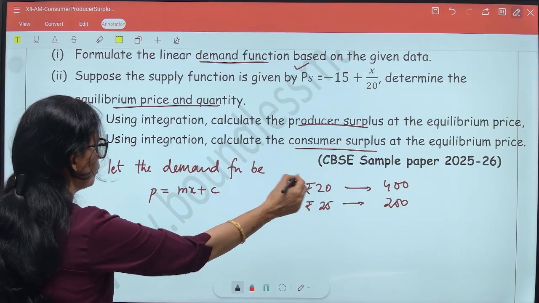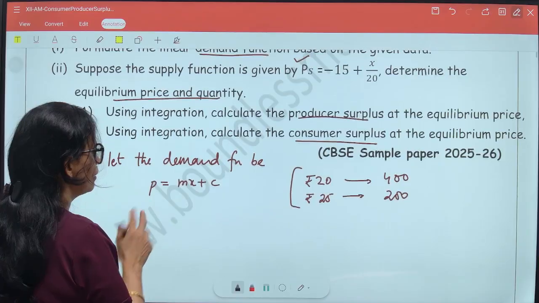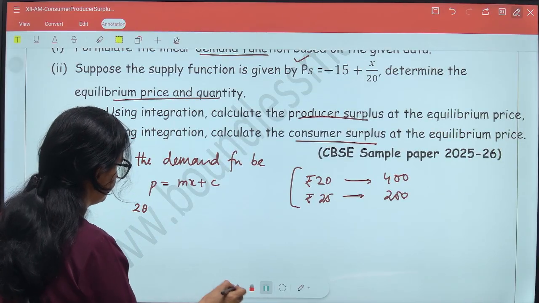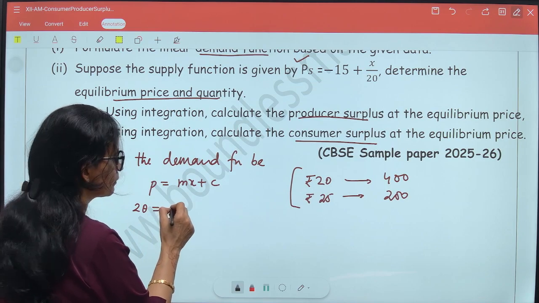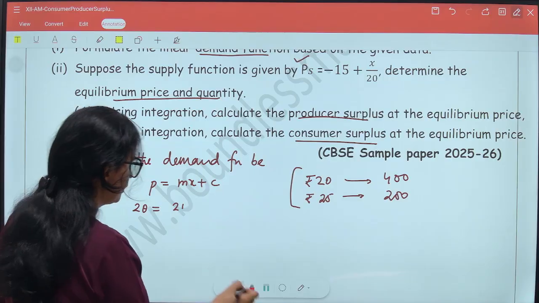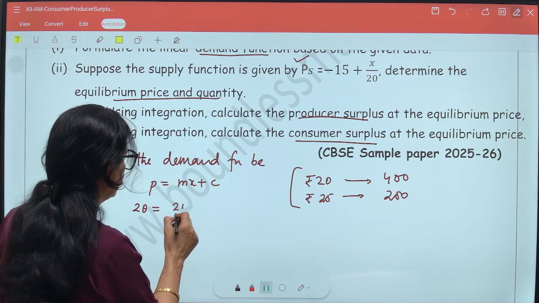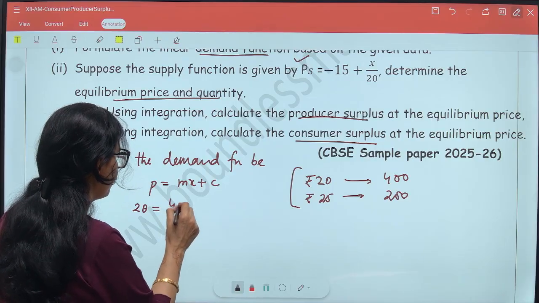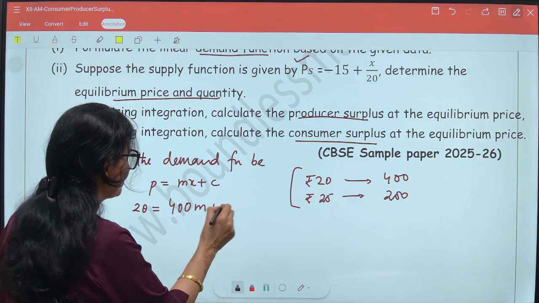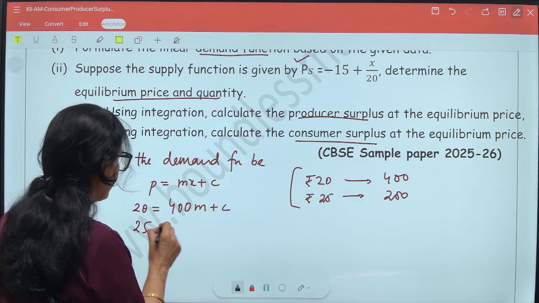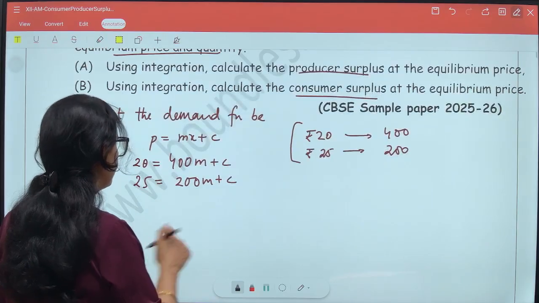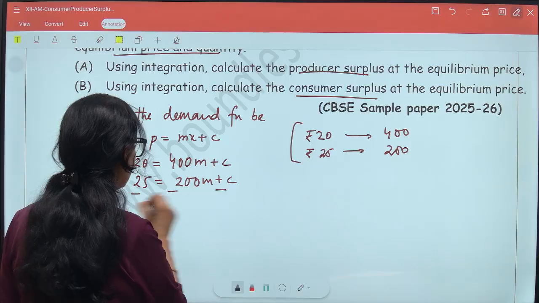Now let's put both these data points into this and get two linear equations. So it becomes 20 equals 400 m plus c, and 25 equals 200 m plus c. Now we have two linear equations, let's solve them.